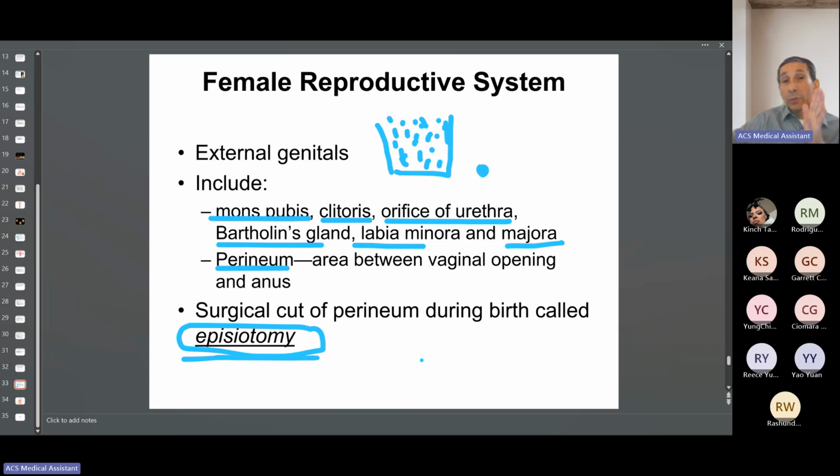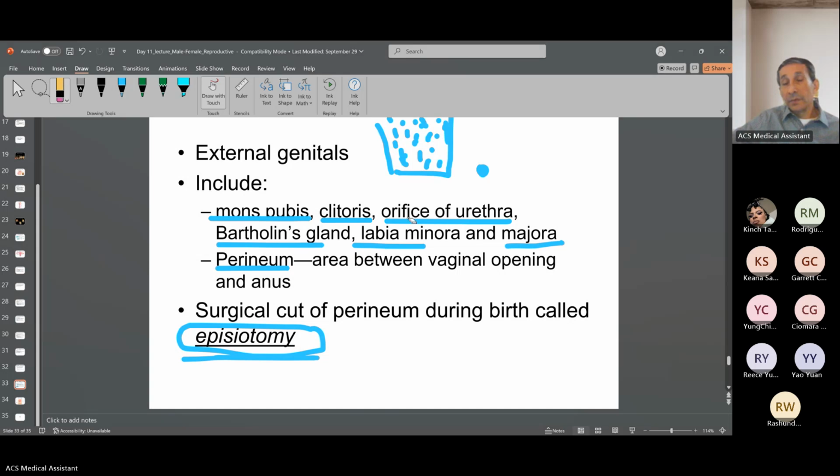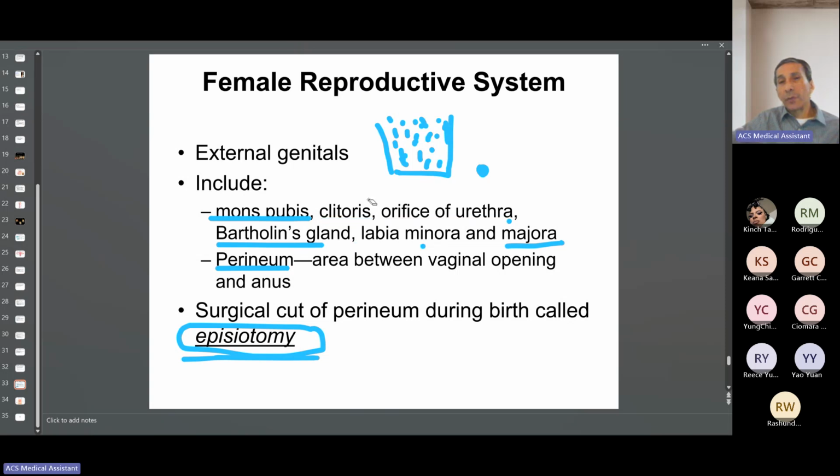This is a surgical procedure on the portion of skin that separates the anal canal from the opening of the vagina. Then we have to put stitches back right there after the baby is born. Because if we don't do it, the baby is not going to come out. The baby doesn't have oxygen, and the baby might die, or the baby might have mental problems if we don't remove it immediately. So we have to cut that.